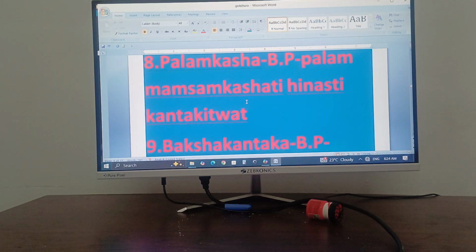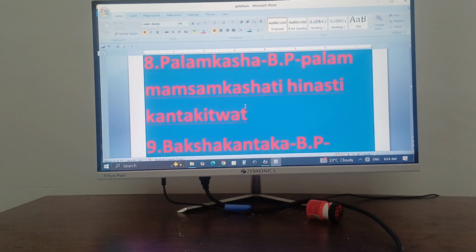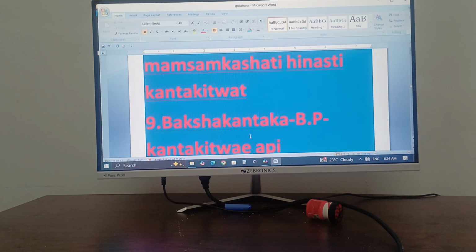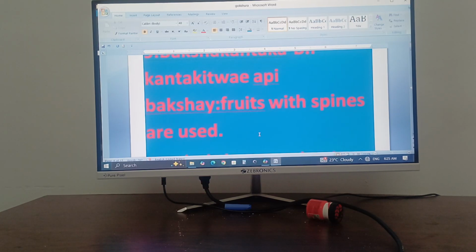Palam means mamsam, kasati means hinasti, kantakitwat. It has the capacity to reduce the body weight and reduce the fatty contents in the body. Bhakshya Kantaka: though the fruit is armed with spines, it is edible.